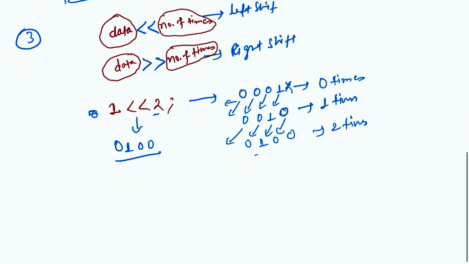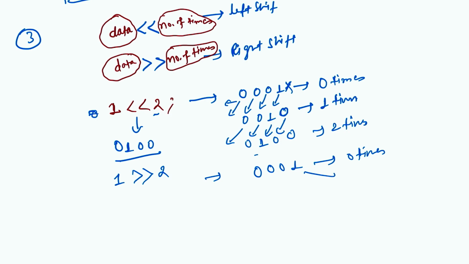Now suppose I want to right shift the number 1 by 2 times. The 0 times is the same number written as it is. Now we move 1 time, so this one will come out.